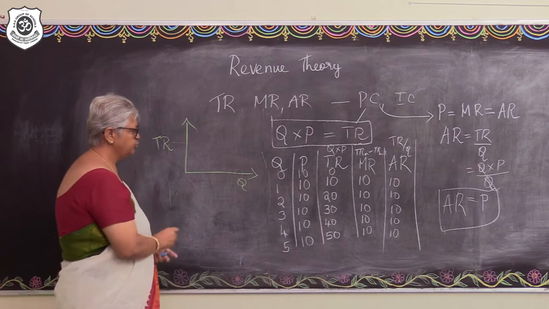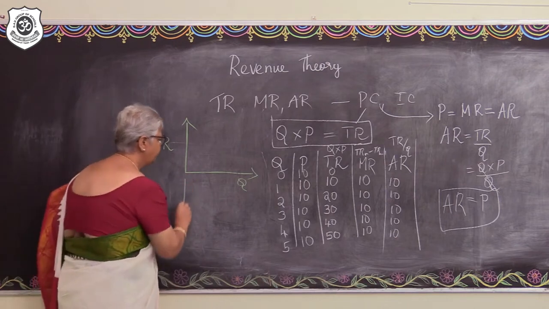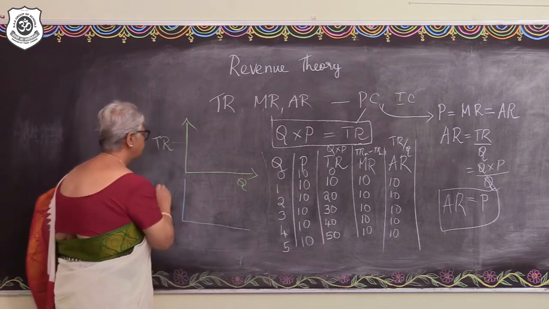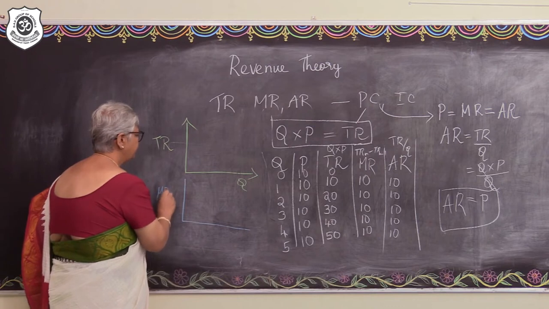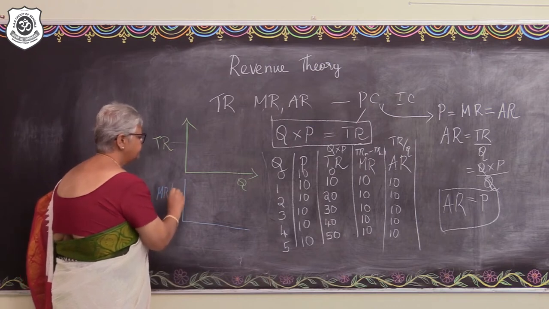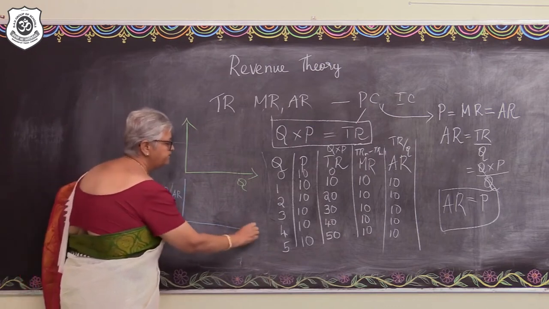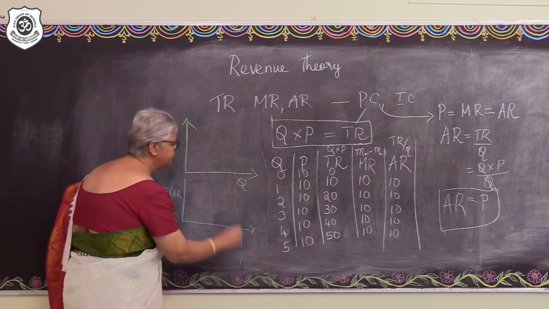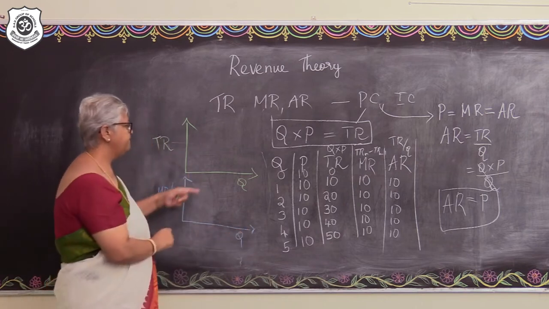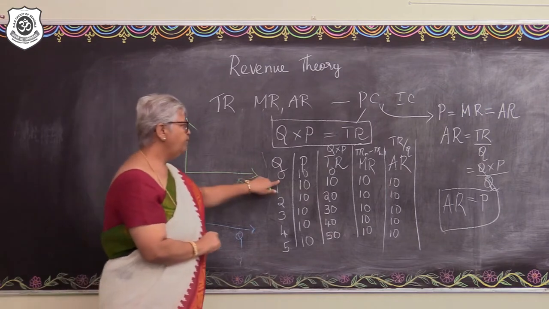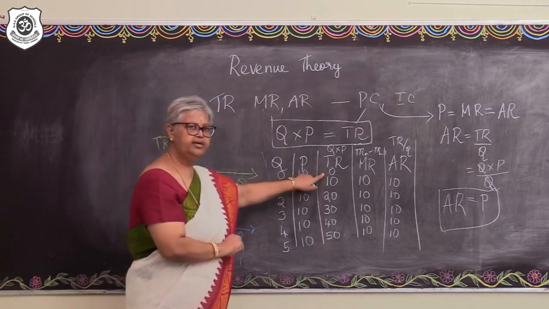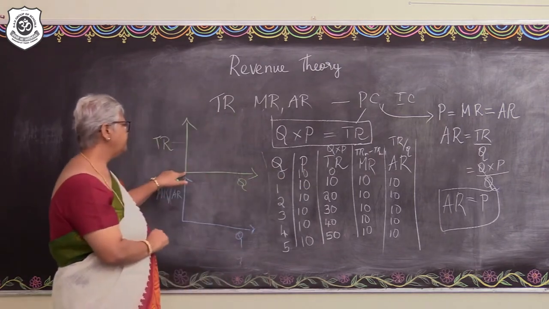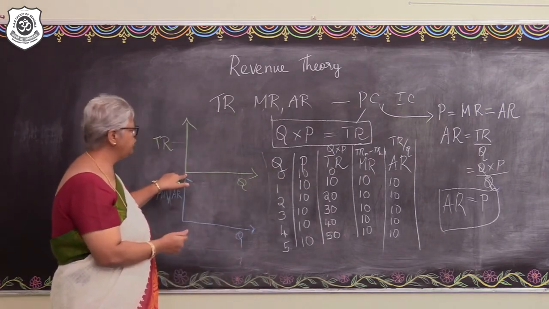And then in the second panel, we can show the marginal revenue and the average revenue. Along the x-axis, the units of output can be shown. So when there is no output, the total revenue is not generated, that is 0. So the total revenue curve can start from the origin.